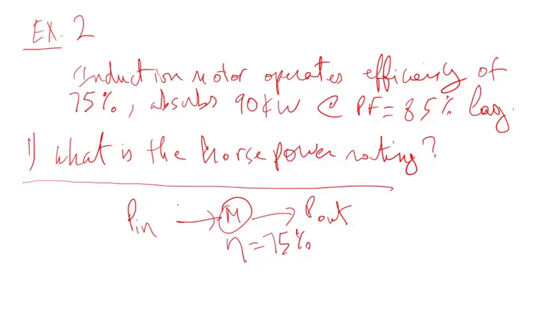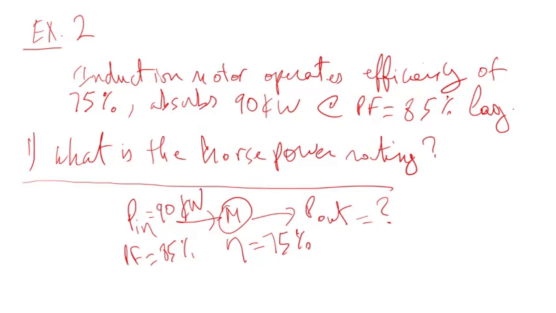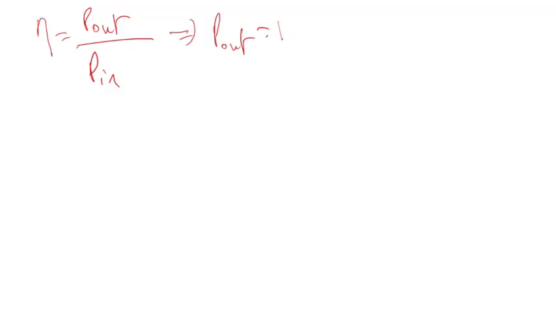So I'm given Pin, which is 90 kilowatt, and the power factor is 85% lagging, and I'm trying to calculate Pout. So again, as I stated in example 1, efficiency is Pout divided by Pin.